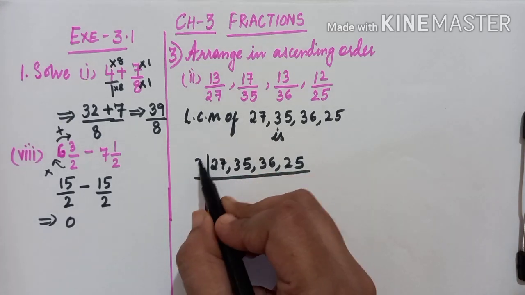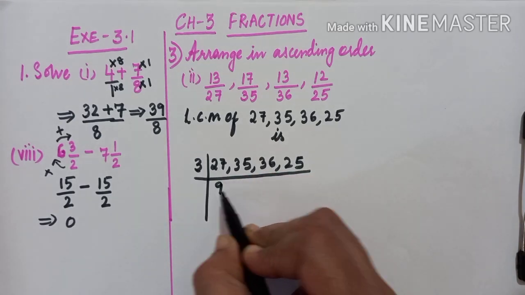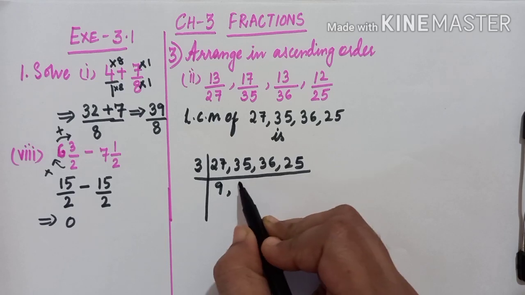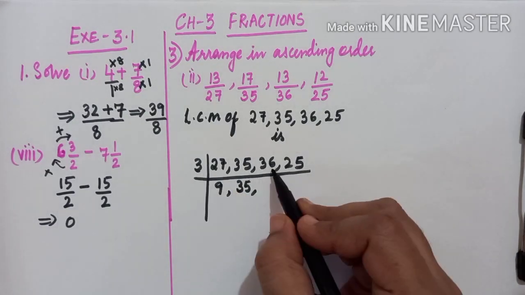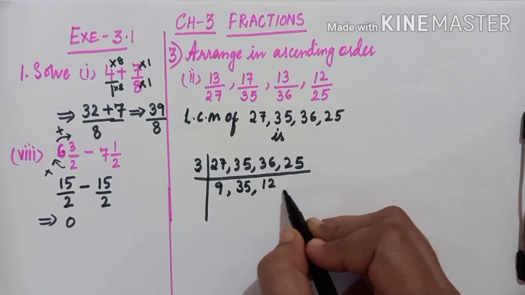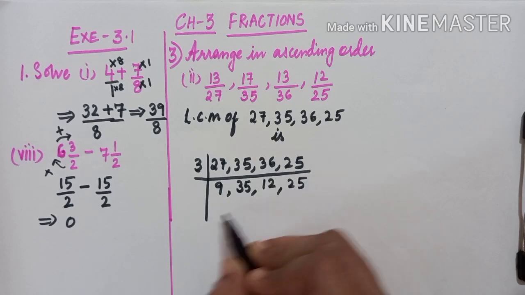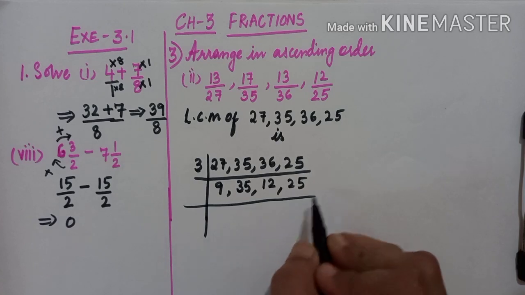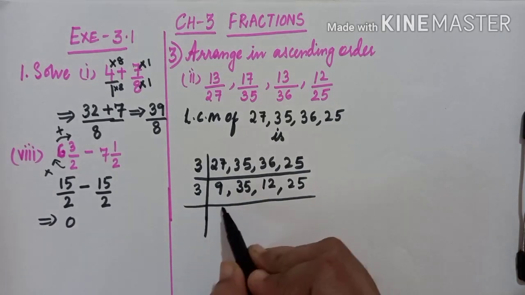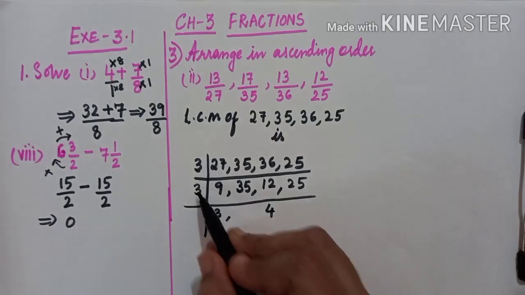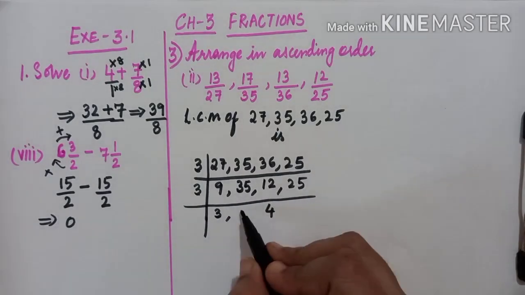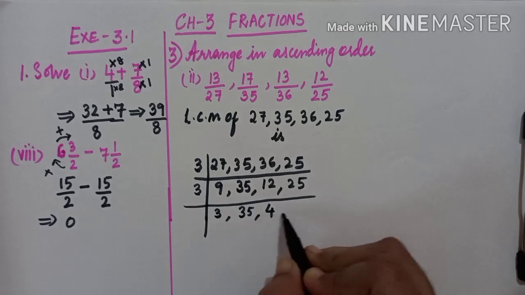We will go with the 3 table. 3 nines are 27, 3 table means 35 will not go, so keep it as it is. 3 twelves are 36, and 25 also you just write as it is. Again in the 3 table, 3 threes are 9, 3 fours are 12. 9 and 12 come in the 3 table; the others, 35 and 25, keep as they are.